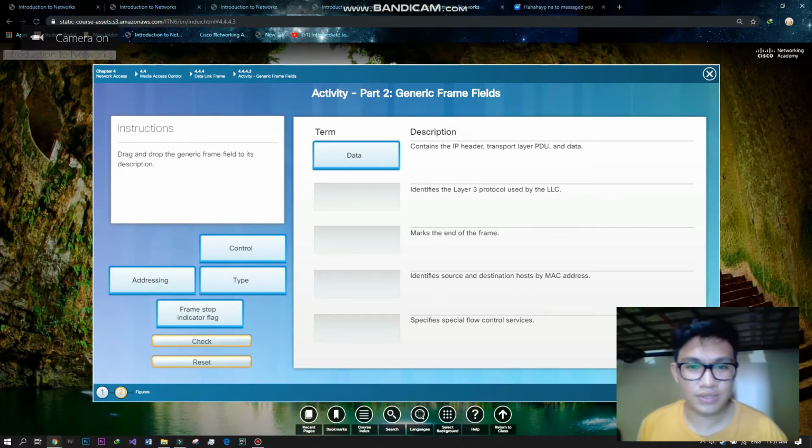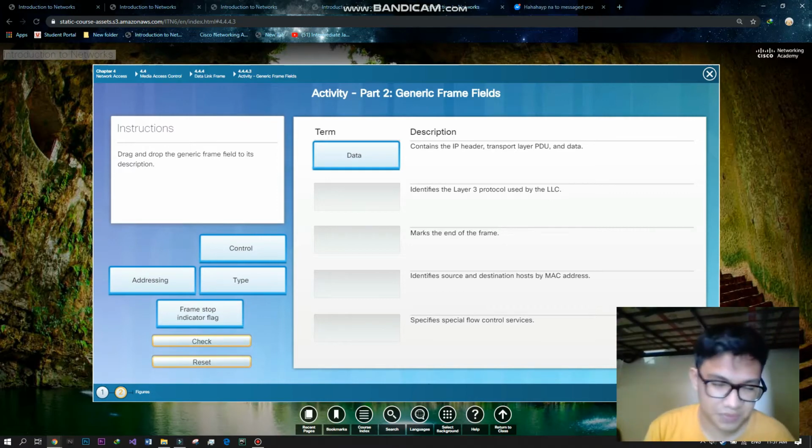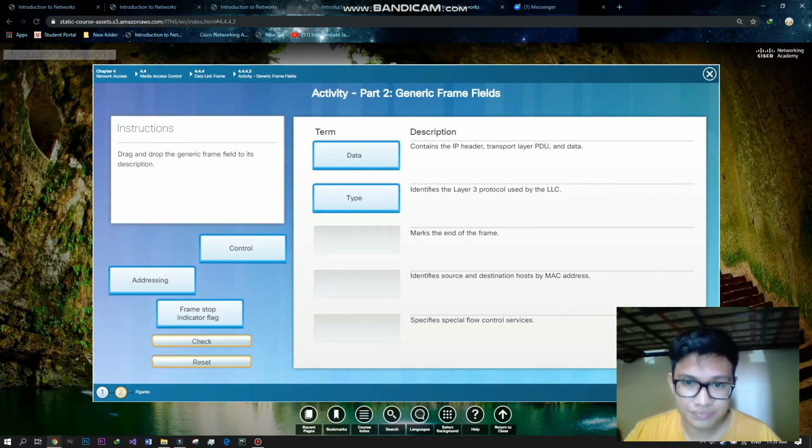And the next one identifies the layer 3 protocols used by LLC. In this, it's pretty obvious that it's the type of data, which identifies the layer 3 protocols used by the LLC.